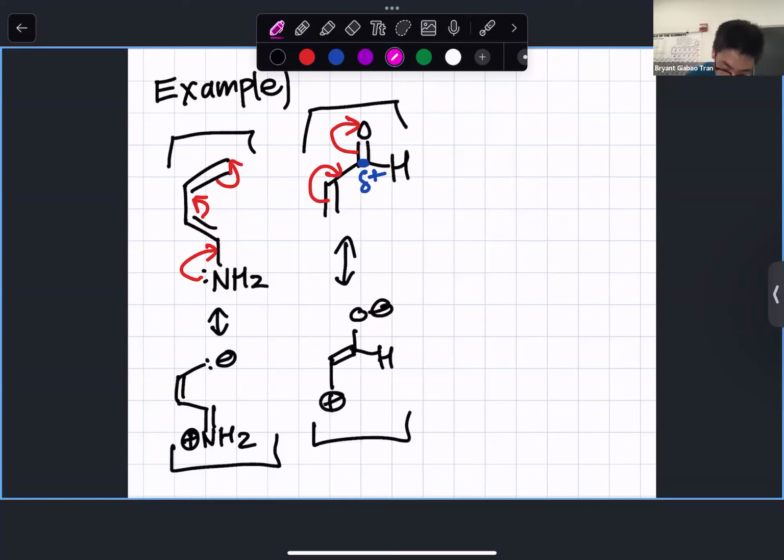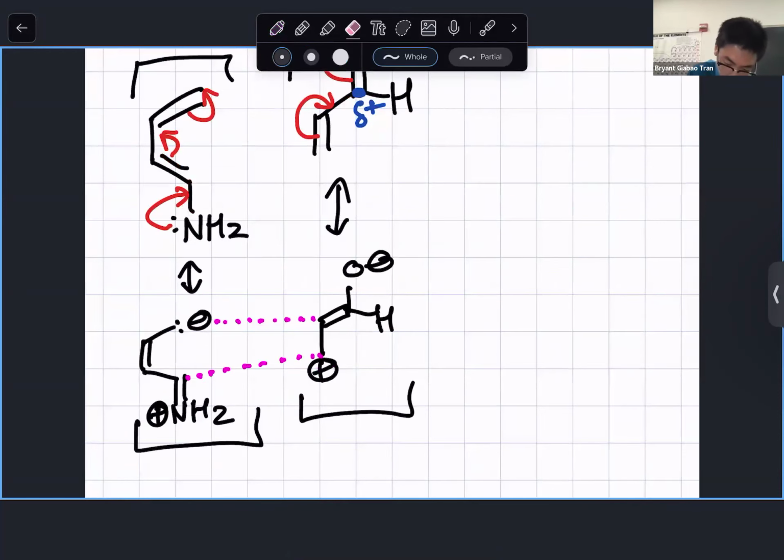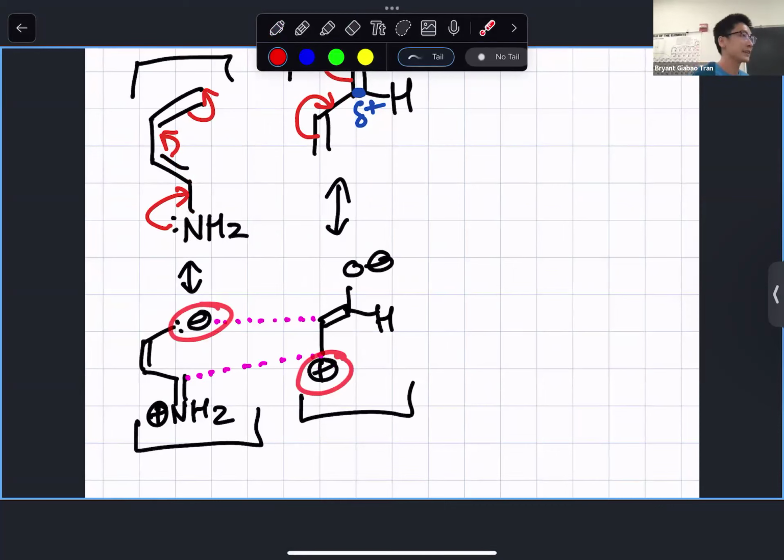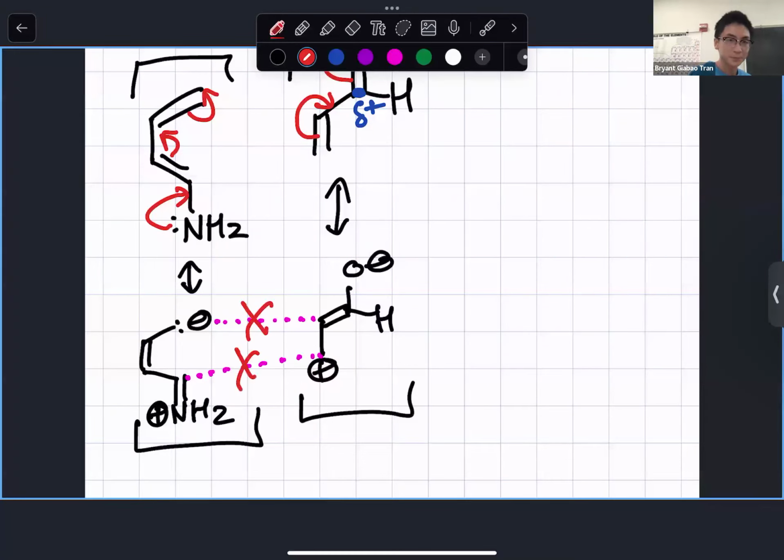Now let's draw the pocket between the diene and dienophile. We see that the negative charge on the diene is up here, but the positive charge of the dienophile is down here. Since they do not align, they are not going to react as it is.